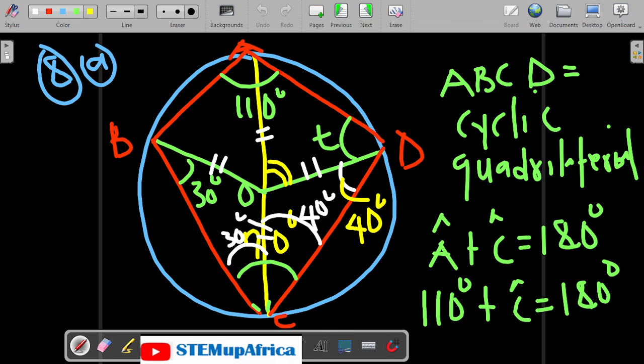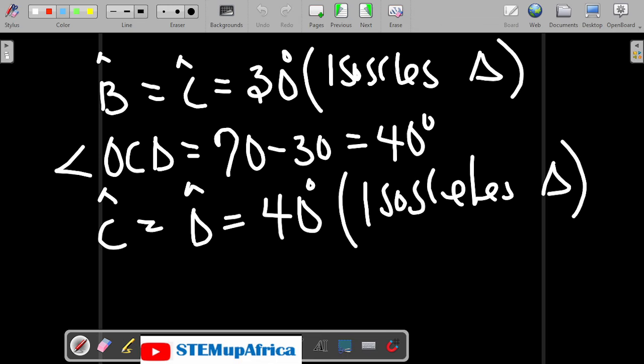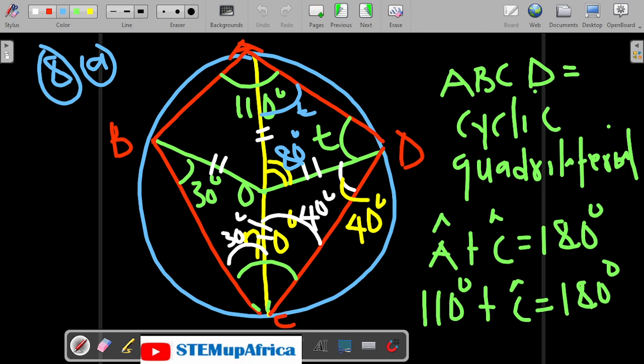If that part is 80, and we agree that OAD is also an isosceles triangle, that means angle D equals angle A, both of them being t.